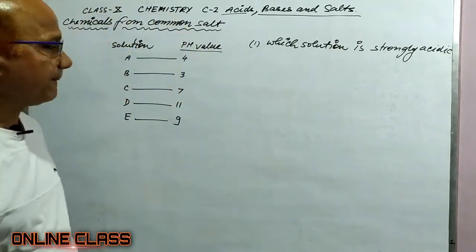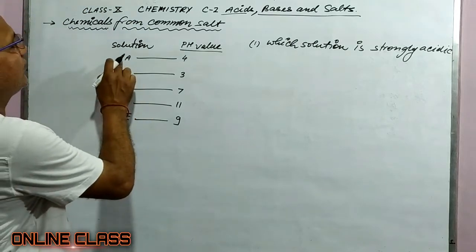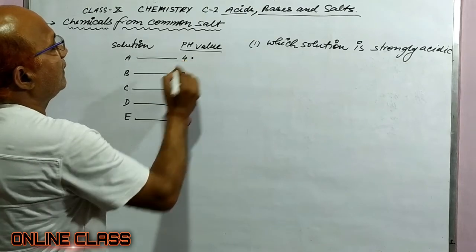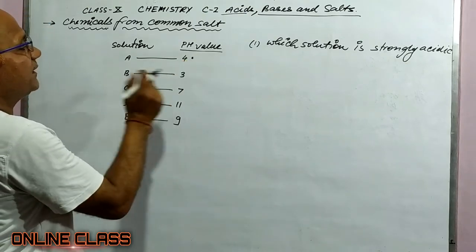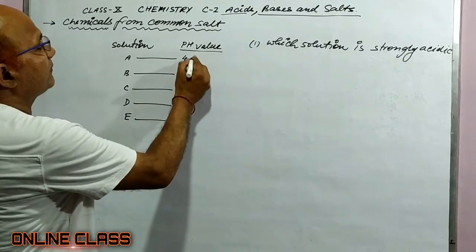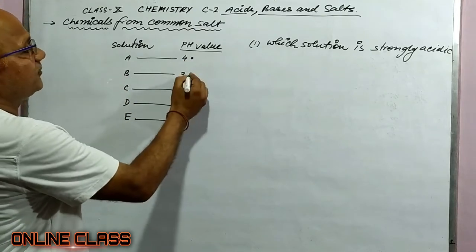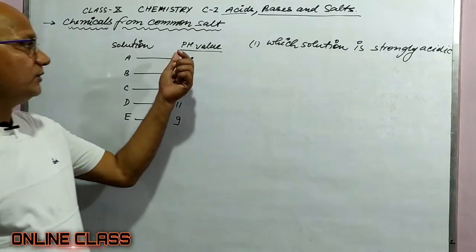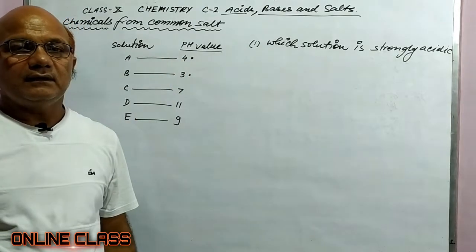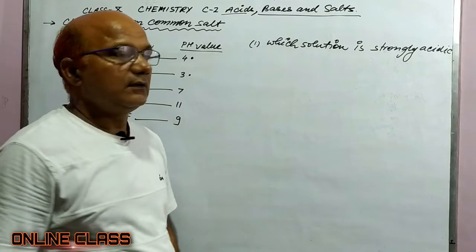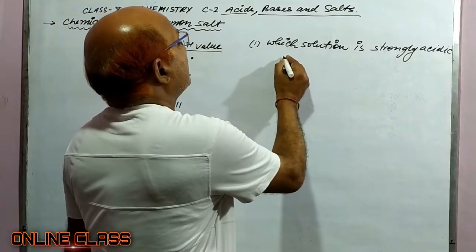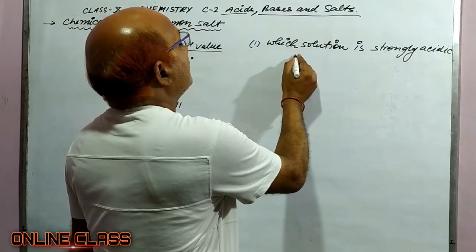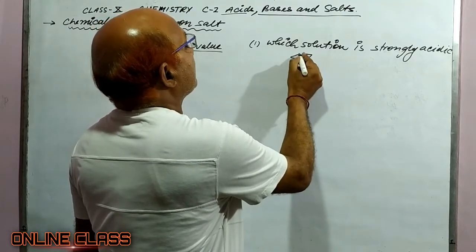So, you can see solution A has pH value 4 and B has pH value 3. Okay. So, these two solutions have pH values less than 7.